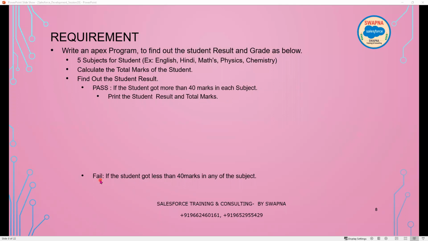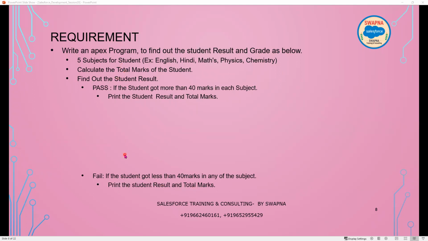If it is a fail, they got less than 40 marks in any one of the subjects, either English, Hindi, Maths, Physics or Chemistry, then they are failed. Then we print the student result and total marks.